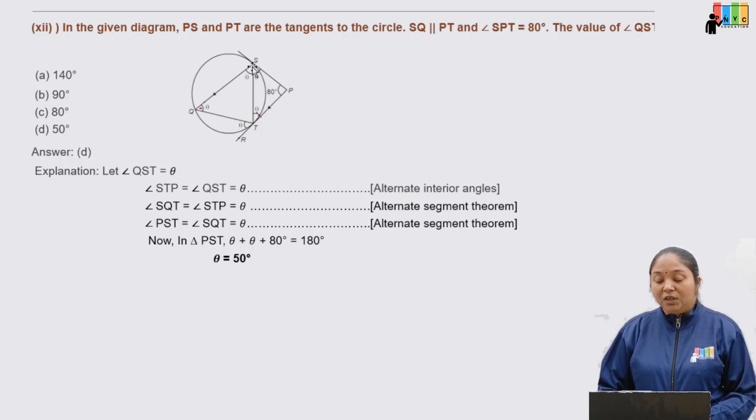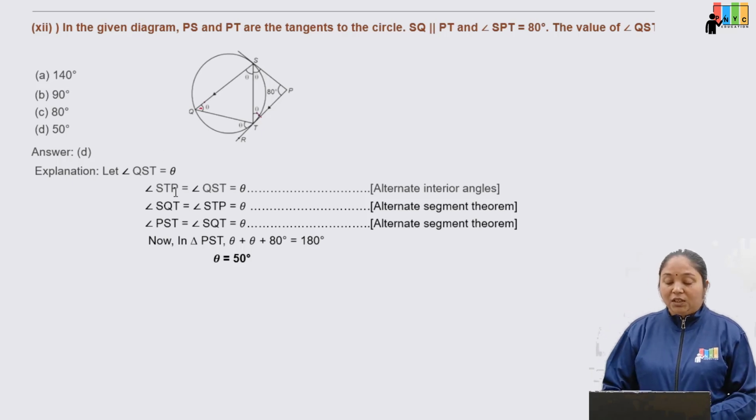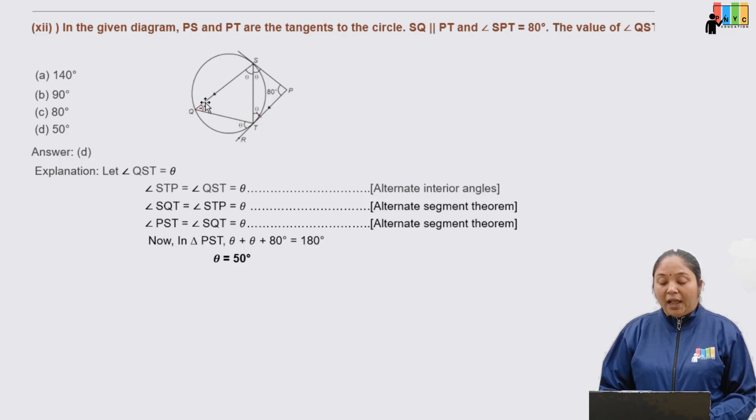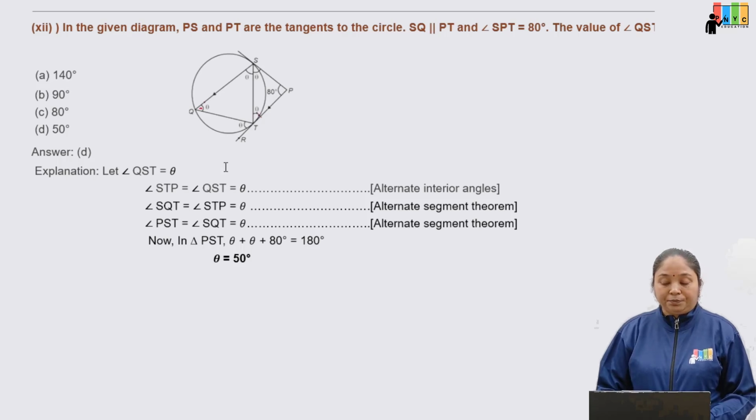So these are alternate interior angles, meaning this T and S. Now angle SQT is equal to angle STP, that means this angle, which is also equal to theta, from the alternate segment theorem.